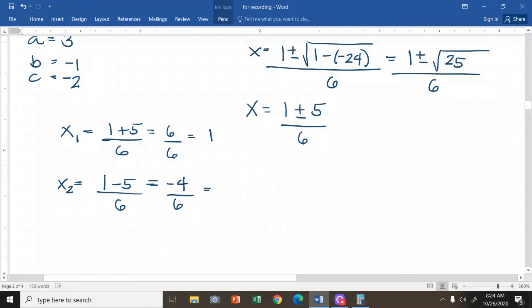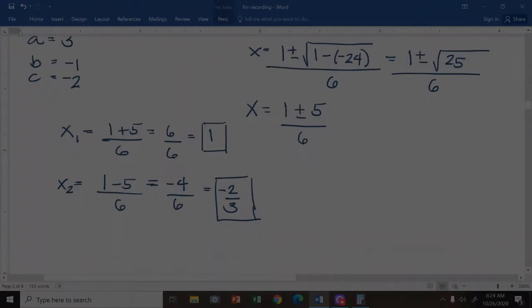So, pag ni-lowest terms natin, kasi fraction siya, meron tayong negative 2 over 3, pag dinivide natin both by 2. Okay? So, therefore, dalawa yung sagot natin ulit dito sa ating quadratic equation. So, meron tayong positive 1 and negative 2 over 3.